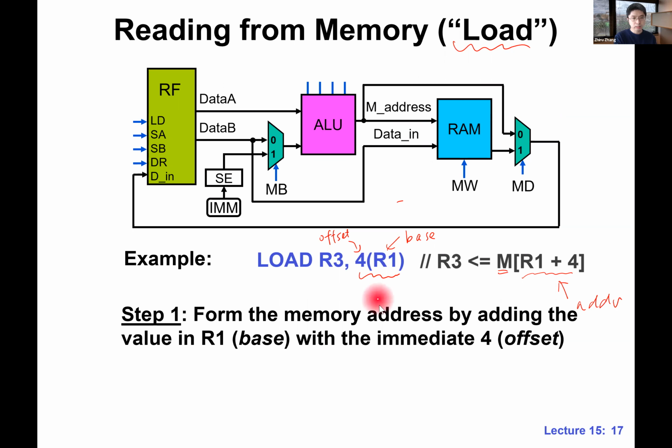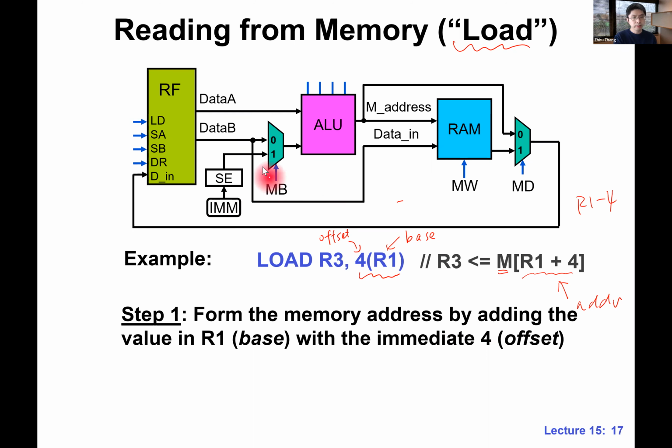The offset is stored in the immediate field. We will talk about how we get this value, but for now just consider it as something available to us right away. This immediate value is usually short, with a smaller bit width. When sign extended, the immediate value can be negative. We can also do R1 minus 4, this is fine.